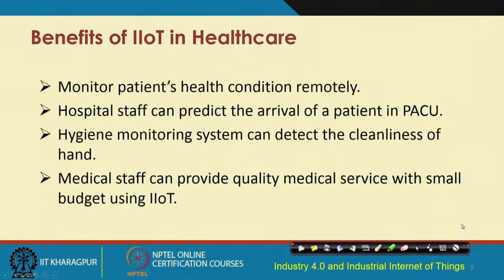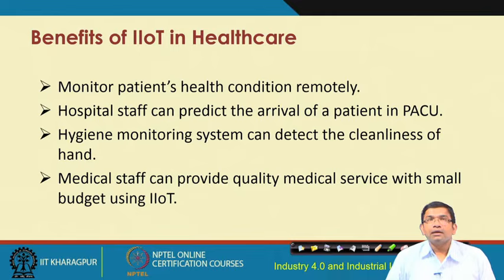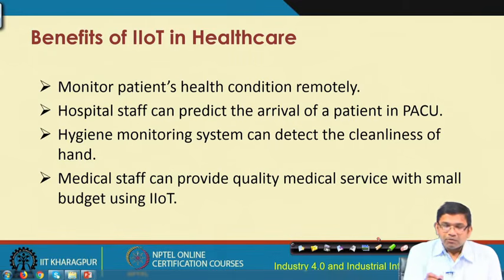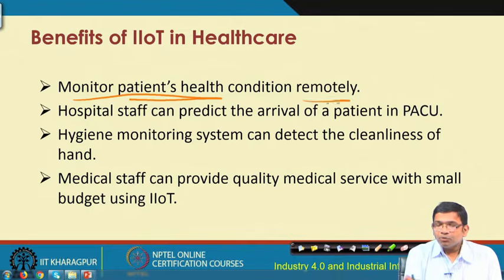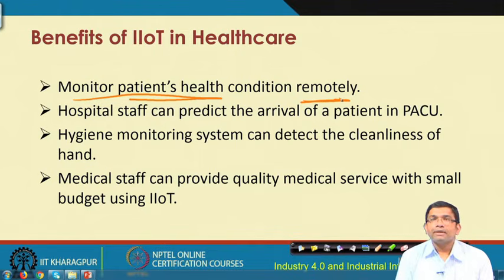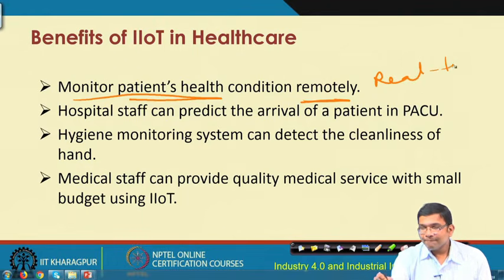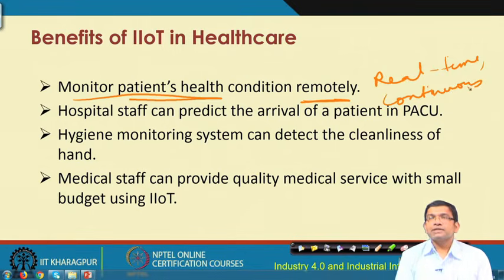So, let us look further ahead and see what are the benefits of IIoT in healthcare. With IIoT, one can monitor the patient's health condition remotely. So, remote healthcare is possible. Remote, real time, continuous monitoring of patient's health condition 24/7 is possible.